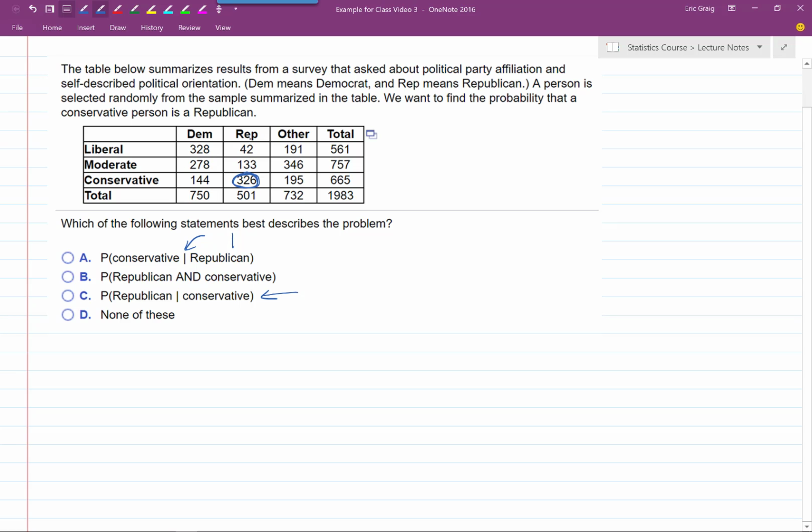The probability that someone is a conservative, given that they're a Republican, assumes that the starting point is they're a Republican. But it says here, we know at the beginning that the person is conservative. So choice C would be the correct answer.